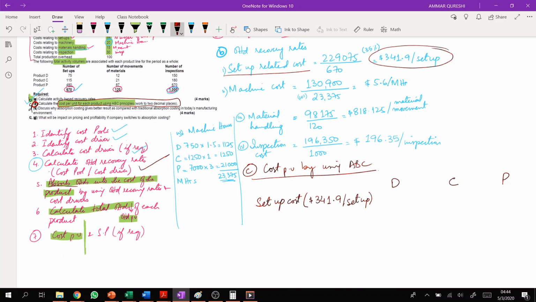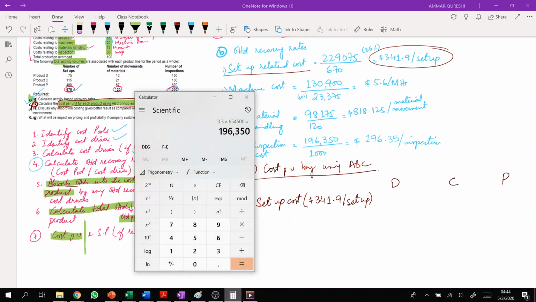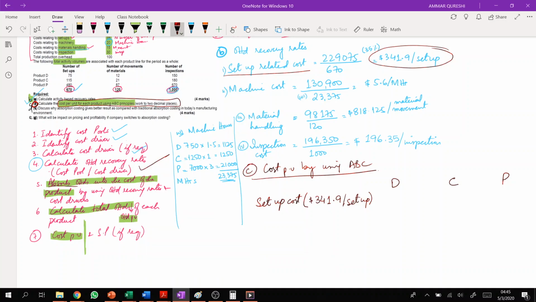So it's a number crunching part, basically pure number crunching. You just need to multiply, since this is the cost of one setup. Product D requires 75 setups, so we will multiply this with 75. So 341.9 times 75, that makes 25,643.5, right?